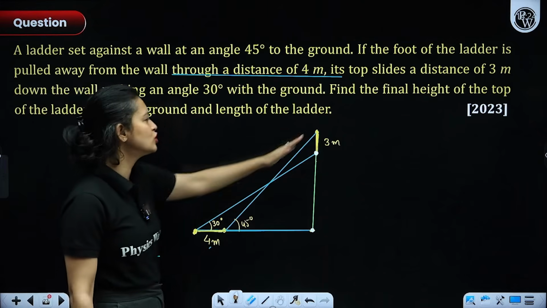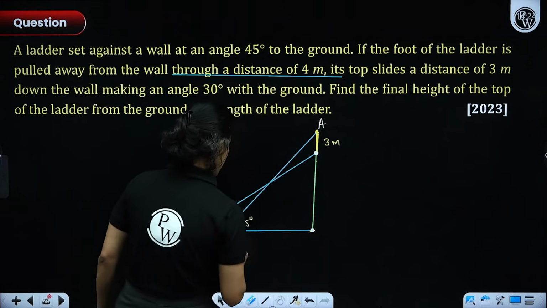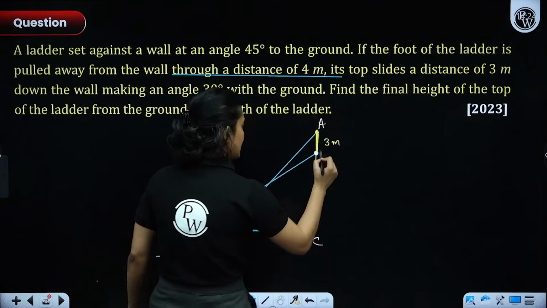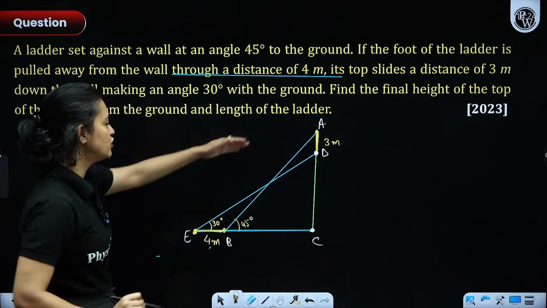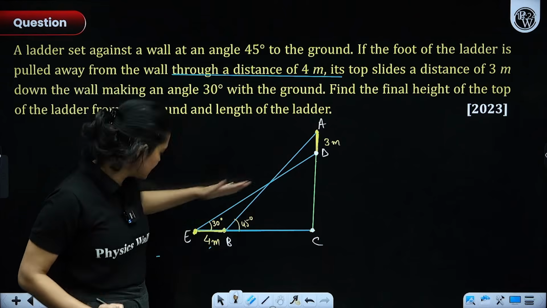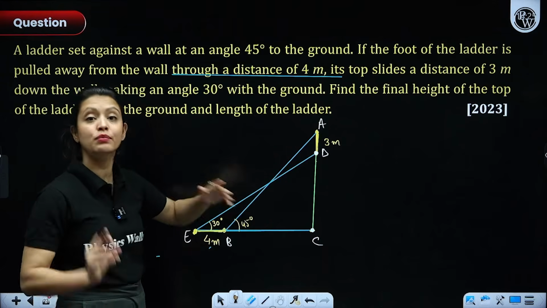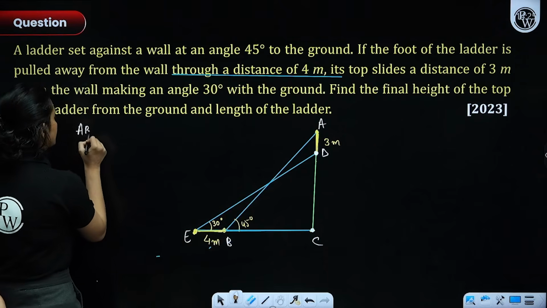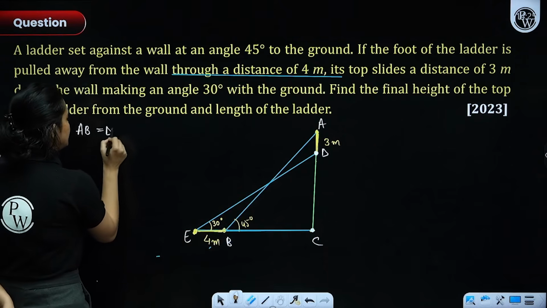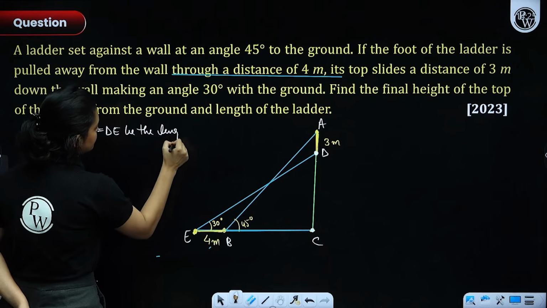So, the length of the ladder, let's just suppose that A, B, C and D, E. Okay. So what is the length of the ladder, everyone? The length of the ladder previously was AB. Now the same thing is DE, because the same ladder is sliding down, right? So AB and DE, both of them must be the same. Okay. So AB is equal to DE, the length of the ladder.